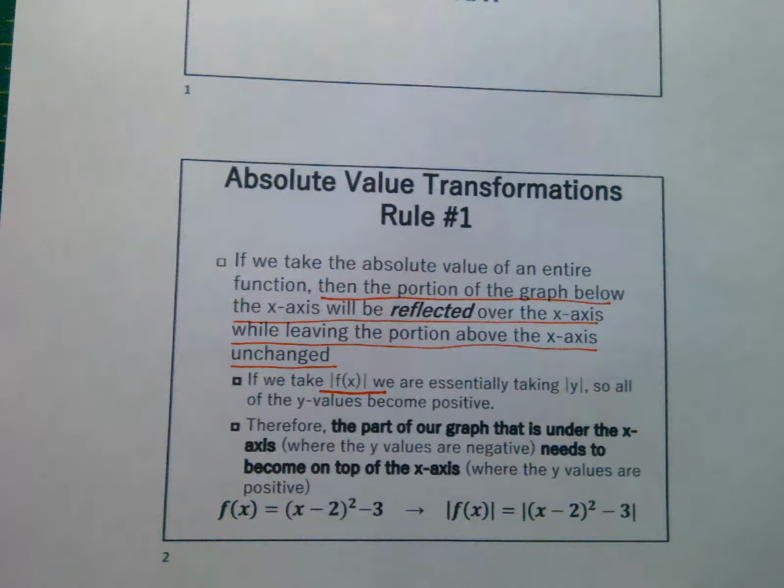So you're essentially taking the absolute value of the y values, which is why anything under the x-axis, those would be the negative y values. When you take the absolute value, those would come out to be positive, and they would need to be reflected to the top of the x-axis because now all of your y values are positive.